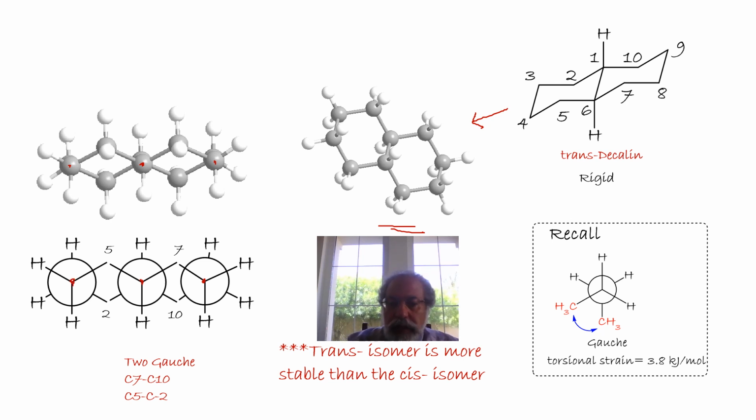And see now that 7 and 10 are gauche, and 5 and 2 are gauche, only 2 torsional strains, while the cis has 3 torsional strains of 3.8 kilojoules per mole. So accordingly, trans, of course, will be more stable than the cis.